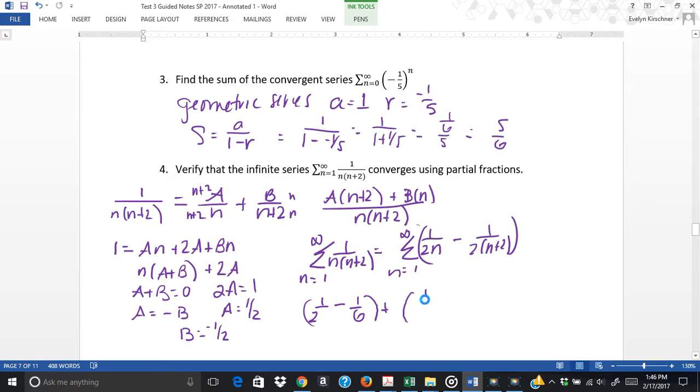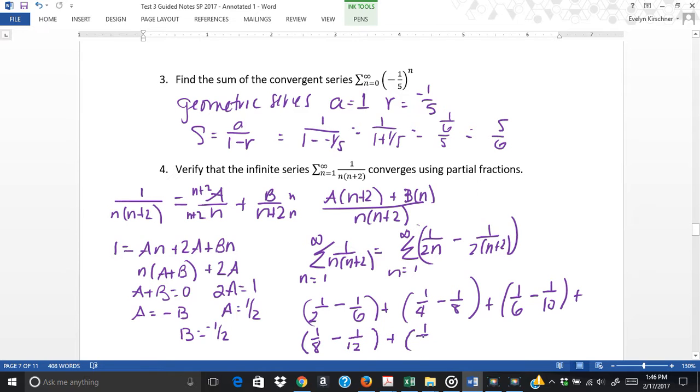Now when n is 2, I have 1/4 minus, 2 plus 2 is 4, so it's 1/8. Plus I have 1/6 minus, because it's 2 times 3, 3 plus 2 is 5, 1/10. Plus, when n is 4, 2 times 4 is 8, so I have 1/8 minus, 4 plus 2 is 6, 6 times 2 is 12, 1/12.